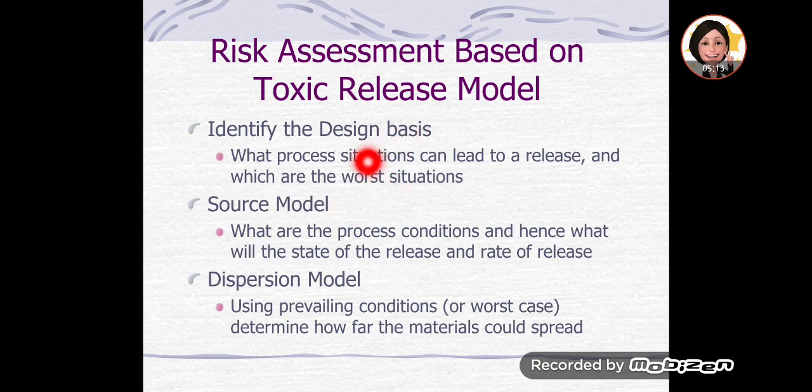We looked into these two parts in the previous lectures. Once we have this information, we do the dispersion modeling, because we want to know how far the material could spread, and from there what could be the consequence to the people and our surrounding environment.